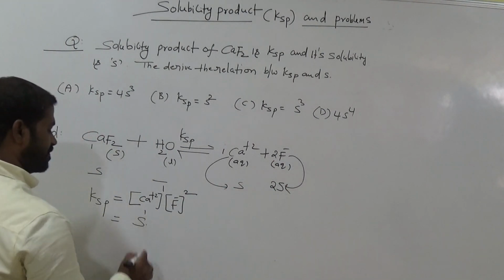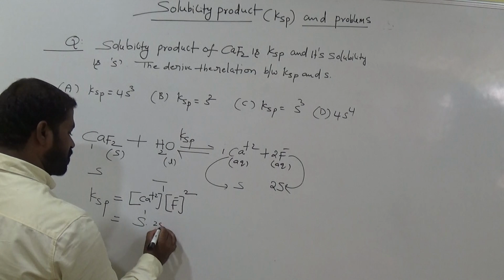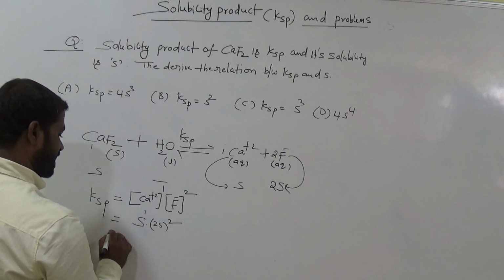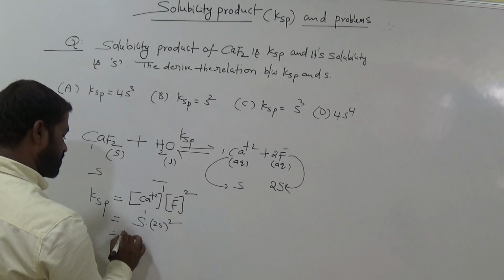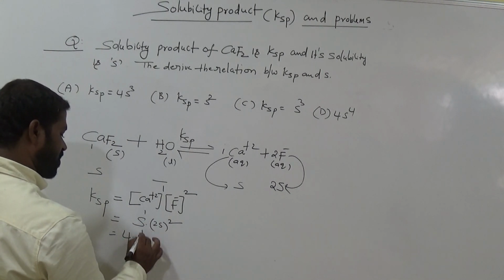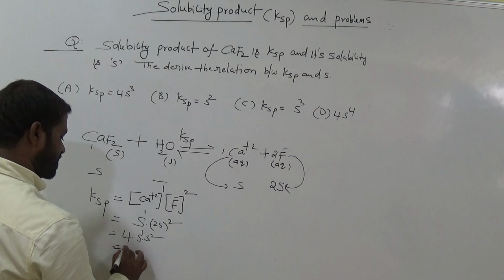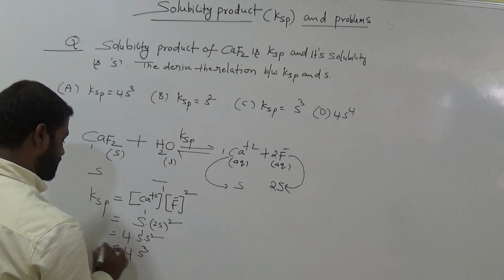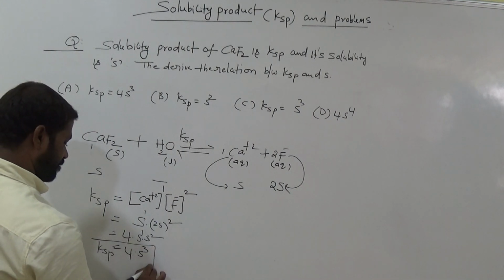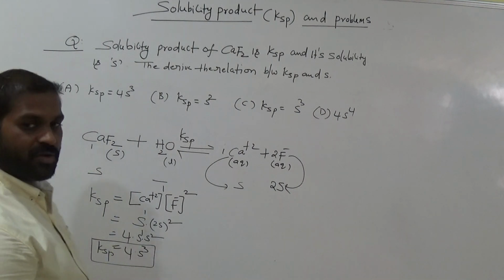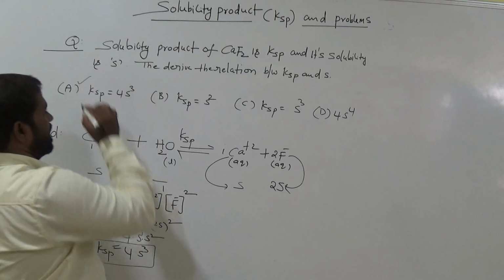That is 2S whole square, am I right? 2 square means 4. S power 1 into S power 2 is equal to 4 into S cube, am I right? So Ksp is equal to how much? 4S cube. This is the correct one.